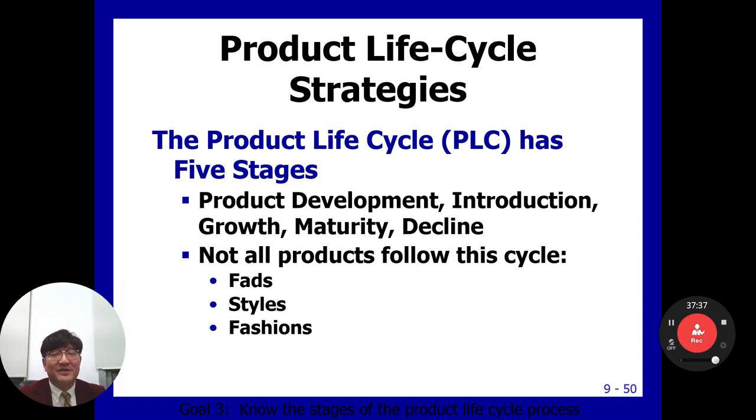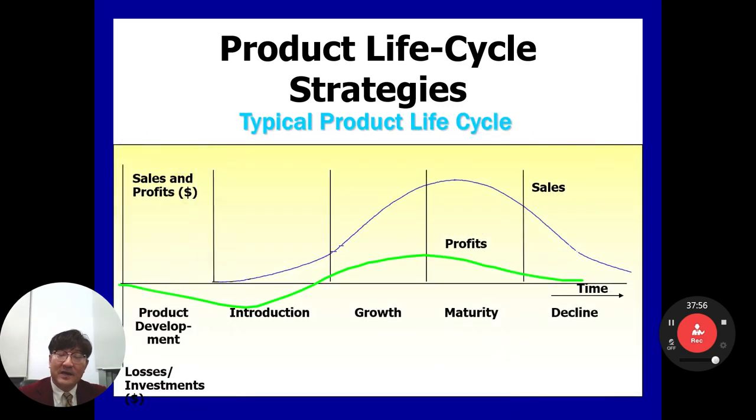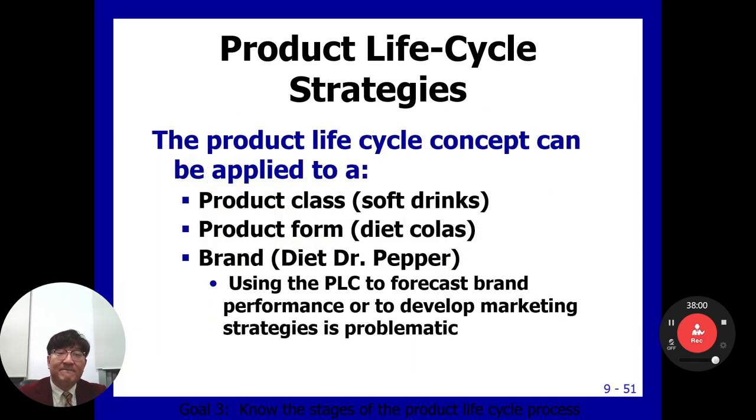Say an old-fashioned style, okay, it was popular in the 30s, and it looks like it disappeared and came around again in the 60s. That is style. Okay, and fashion is like that, right? But these three things have their own unique shapes. But in most consumer packaged goods, okay, they follow the shape like this. Like this, okay.